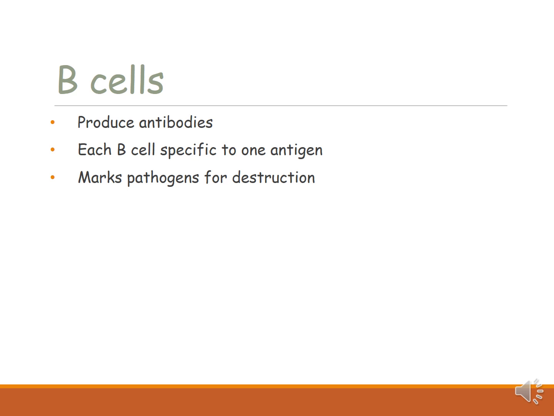It can also be an antigen that's found on a red blood cell if somebody receives an improper blood transfusion, right? It'll cause an antigen-antibody reaction. The B cells mark these pathogens or these antigens for destruction.